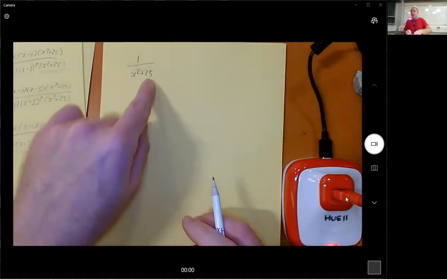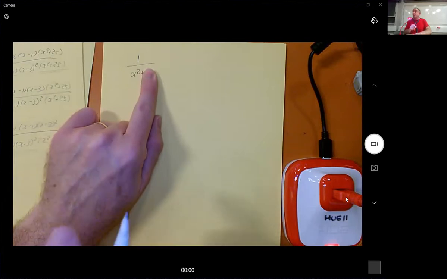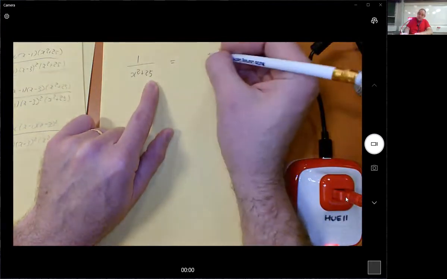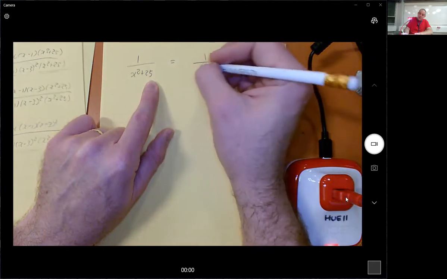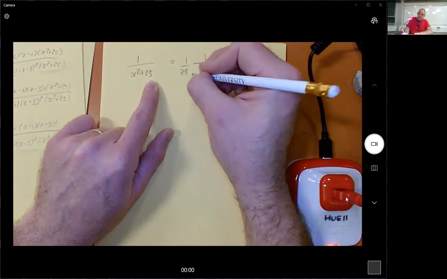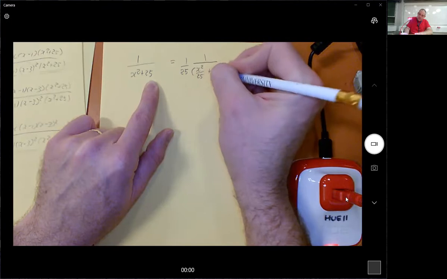If this number here was a 1, then this would integrate to become arctan of x. So I'm going to make it a 1 by doing this. I'm going to multiply and divide the bottom by 25.